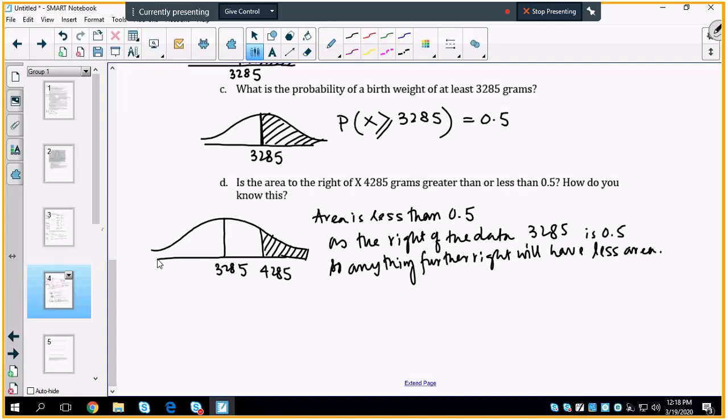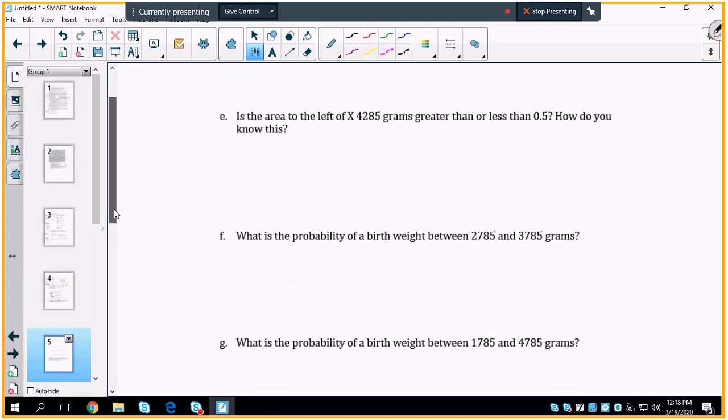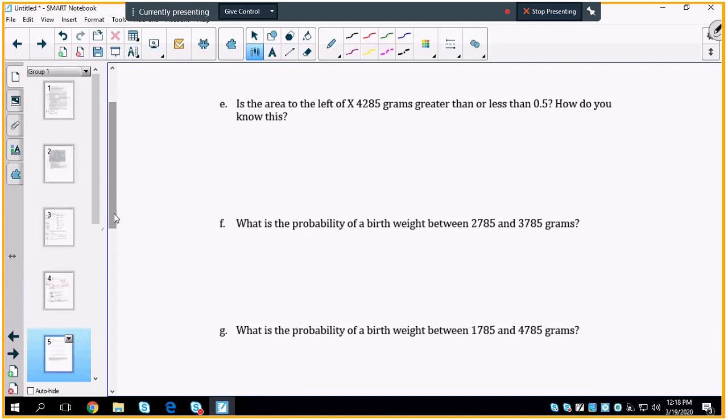How about the next one? The next one asks whether the area to the left of 4285 is less than or greater than 0.5. So I will do it. 3285 is my mean given in that problem. 4285 is on the right of 3285, and now I'm shading the left of this. So clearly it is greater than 0.5.